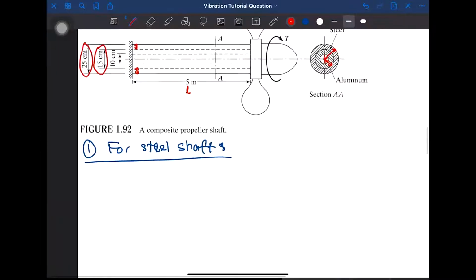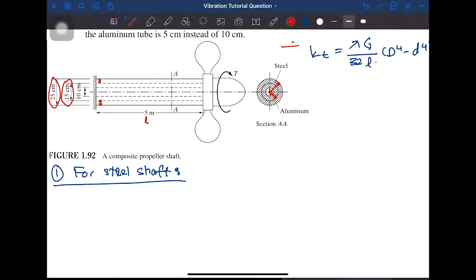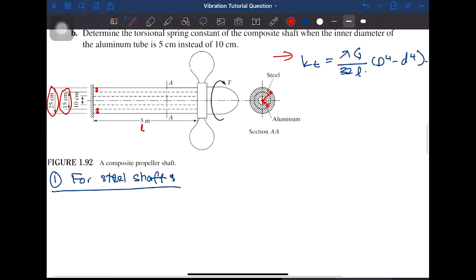So use this formula right here. Kt equals pi G over 32L times big D to the power of 4 minus small d to the power of 4.